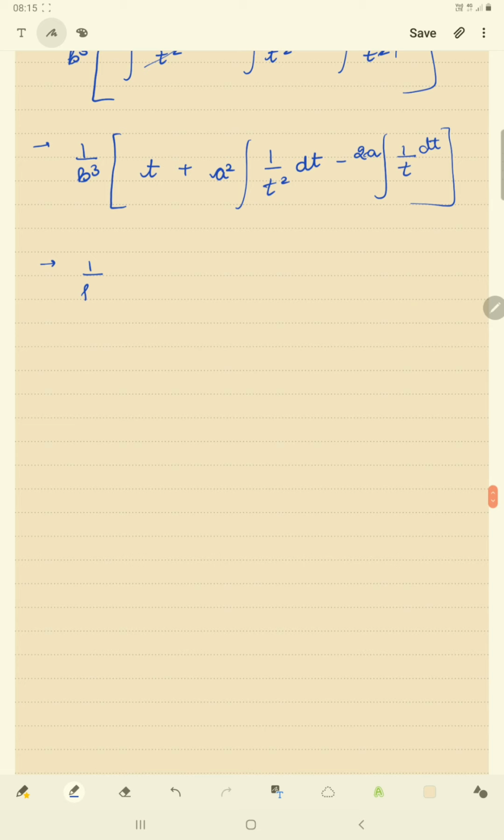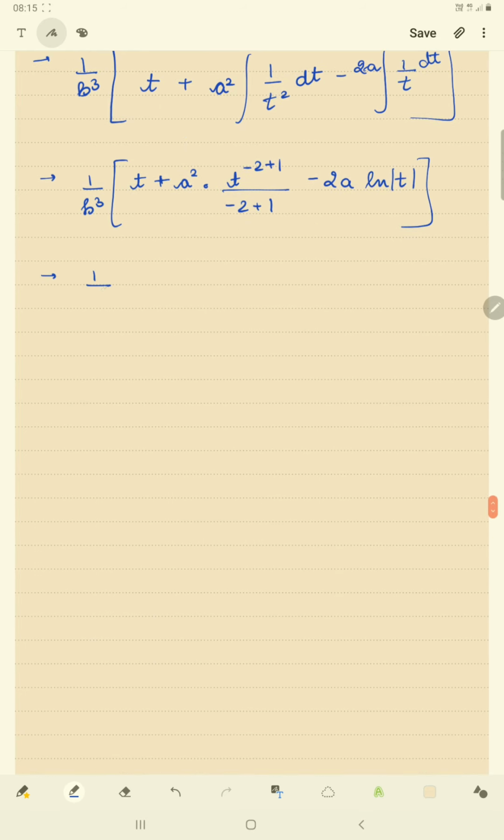And now 1 upon b cubed, t plus a squared into the integration of 1 upon t squared with respect to t, which is t to the power minus 2 plus 1 upon minus 2 plus 1, minus 2a ln t.